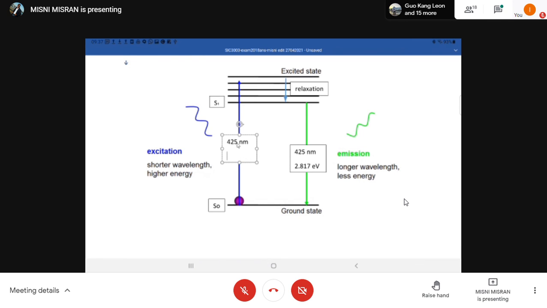Now I can write 400. Let's say 400. This is hypothetical energy, right? 400 excitations and relaxations. Okay, go to the ground state.